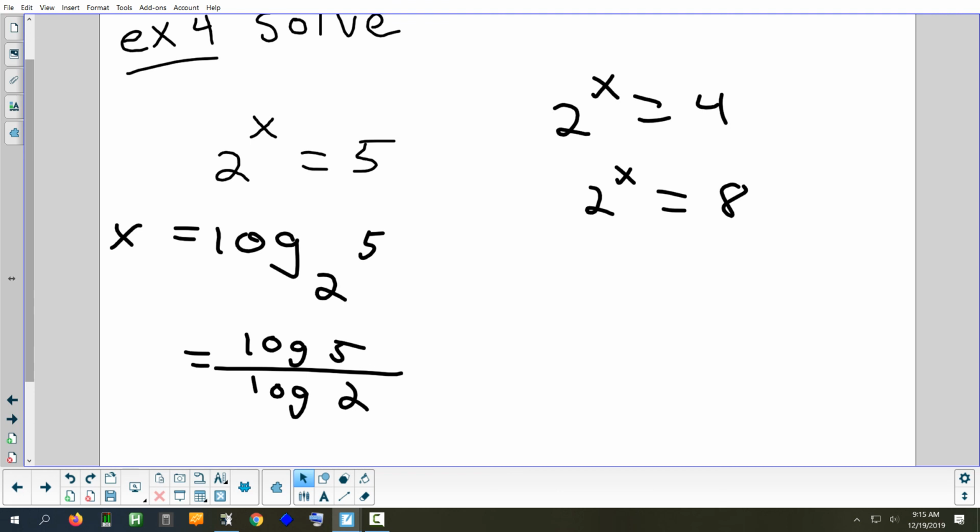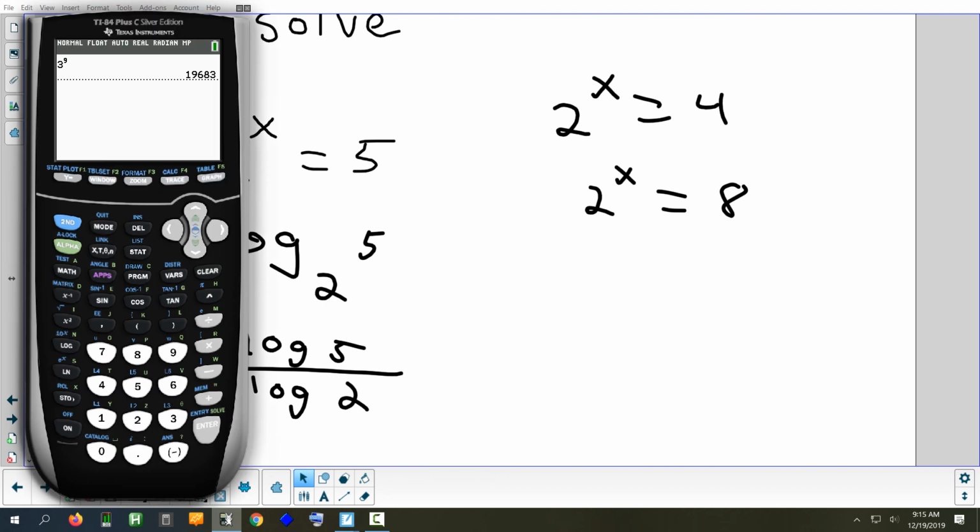Now, say for some weird reason you didn't have a log button on your calculator. Is there another way you could write that? Without the log? Yep. ln. You could do ln. It will come out the same. So log 5 divided by log 2. But don't mix them. If you're going to use log, use the word log. If you're going to use ln's, use ln's. Don't use one of each.